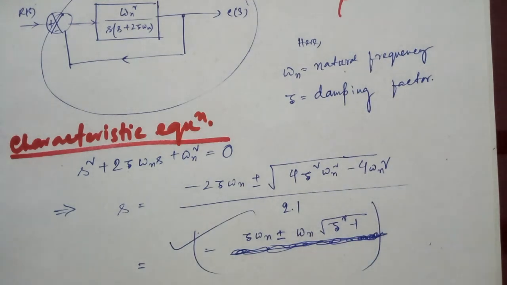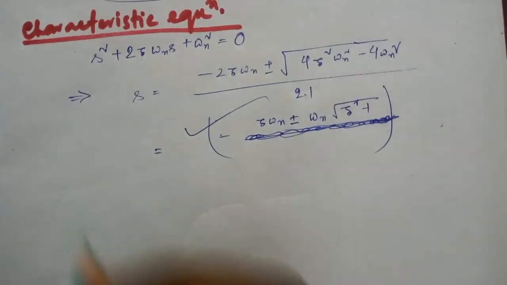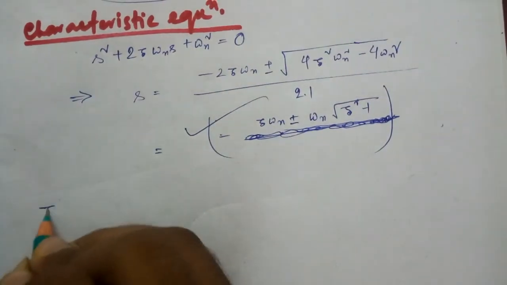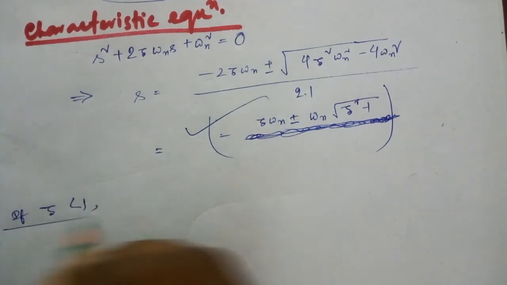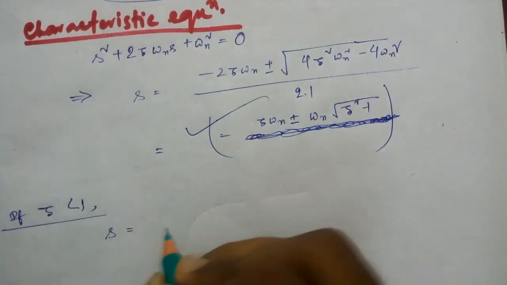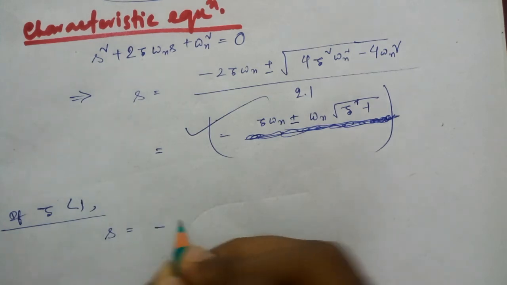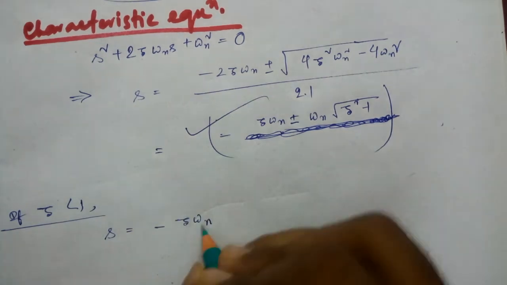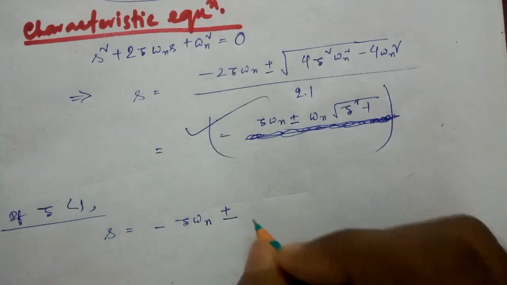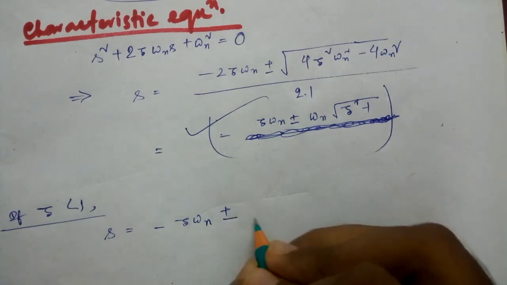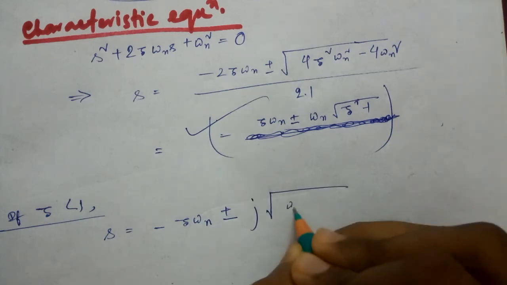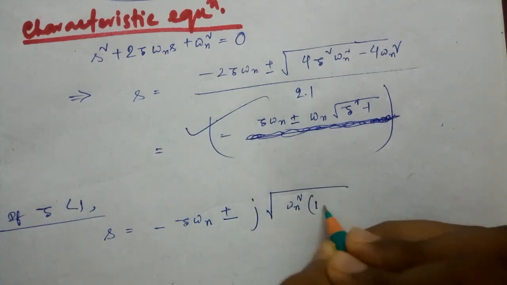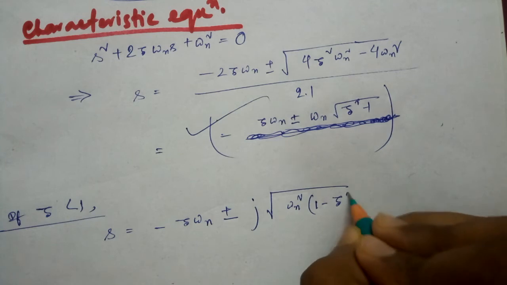Now if we take the damped condition, meaning the value of zeta less than 1, in that case s will be minus zeta omega n plus minus j root over omega n square into 1 minus zeta square.